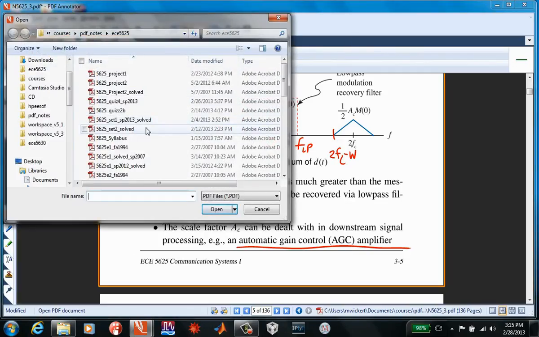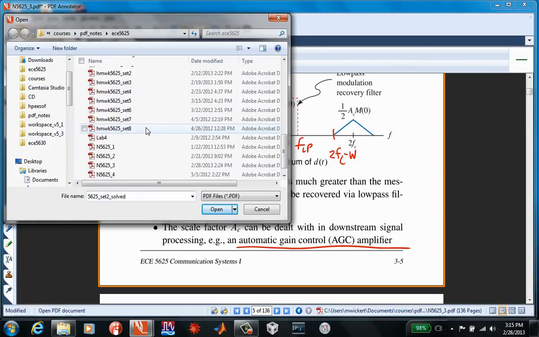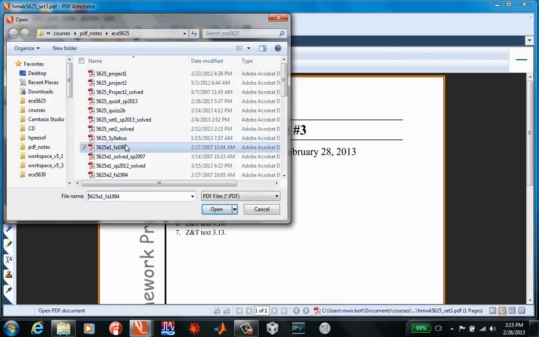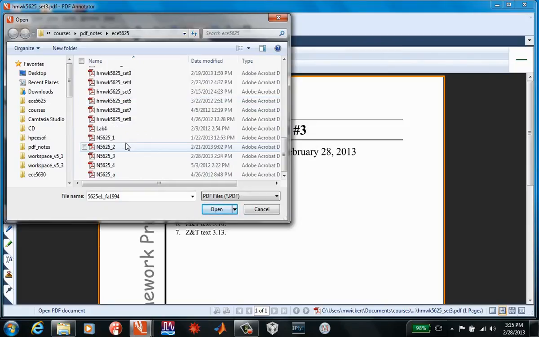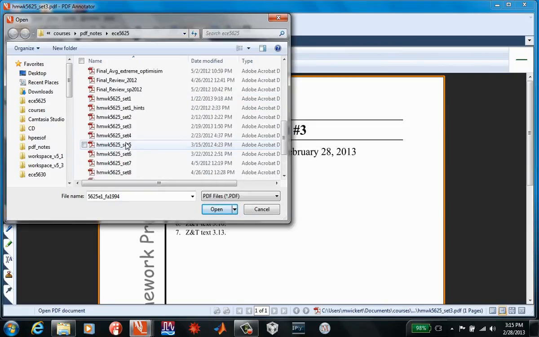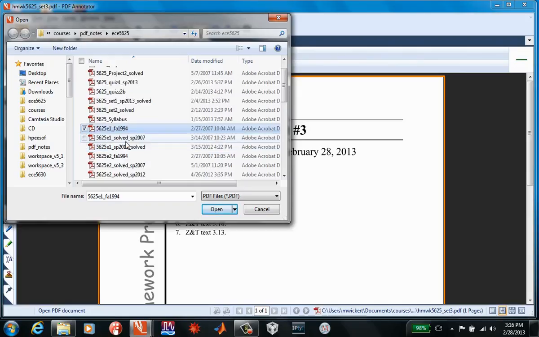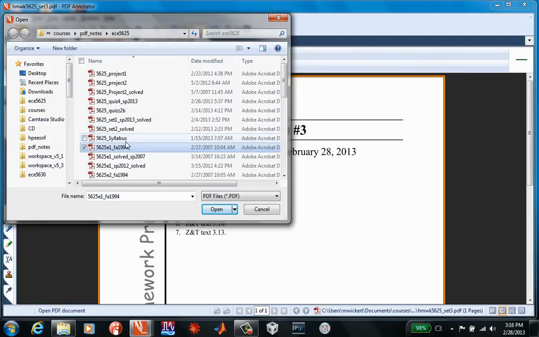This is set number 3, right? Yes. That's the assignment, so that's not the right one. I wanted the solutions to it. I don't see it.